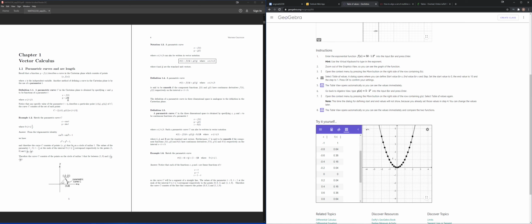You choose the same value of t, and that would give you the y ordinate, and that overall will give you a point xy, right? And then each of the values of t will give you different points, and that will sweep out a curve for you. So let's see an example using some software.